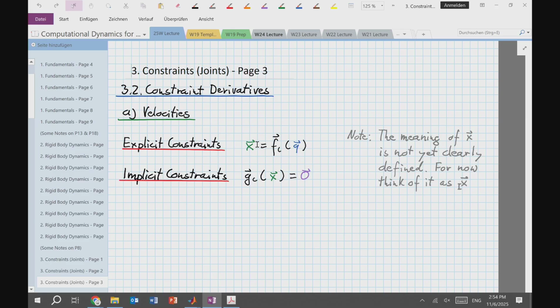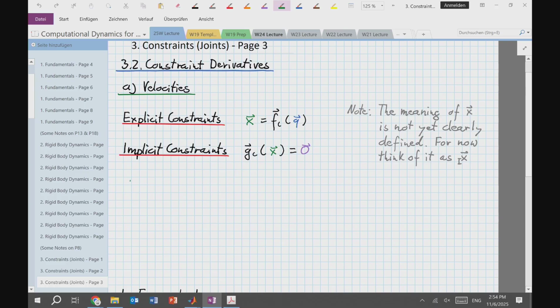But I want to keep it very general, because down the road we will also use it to label other things x. If you think about a robot, maybe you're just interested in the position of its end effector, and then you just assign a position variable x to that position without really caring what the bodies are doing. So we can use this in a very general way.